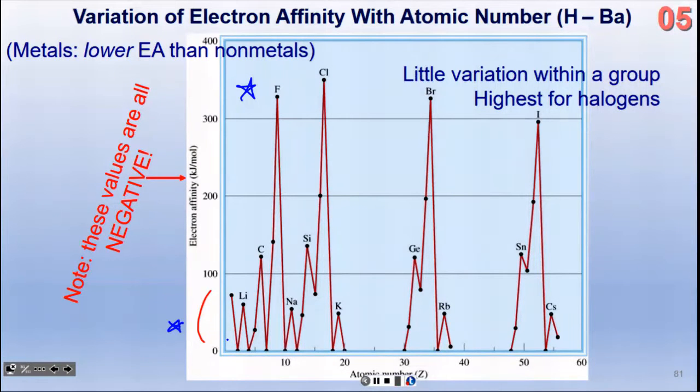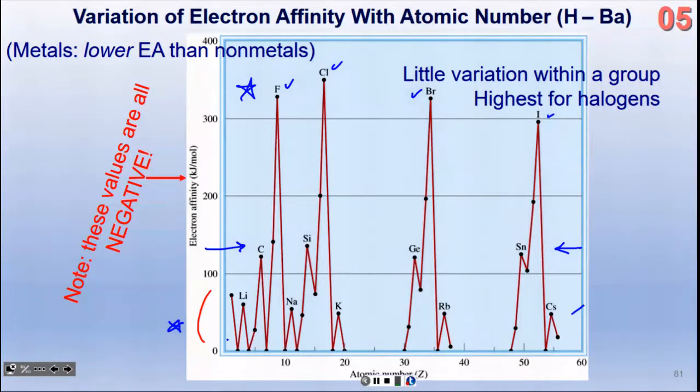Interestingly, there's little variation within a group. The halogens are all kind of high up here at the top, but they aren't so different from one another. They all have similar electron affinities, especially when you compare them to something from another group. Group 4A elements like carbon, silicon, germanium, and tin are all similar in their ability to pick up an electron.